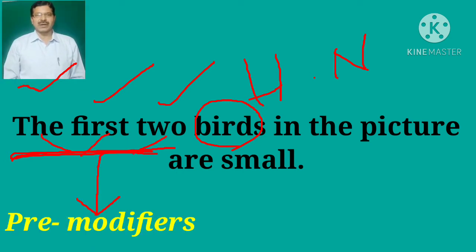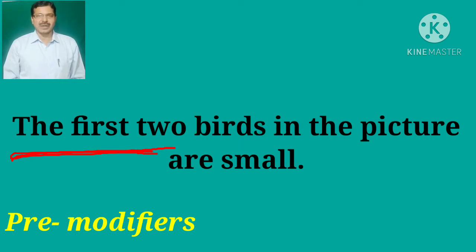This is called pre-modifiers, and pre-modifiers are called determiners. You can see here determiners are the first two. Okay? These are called determiners.